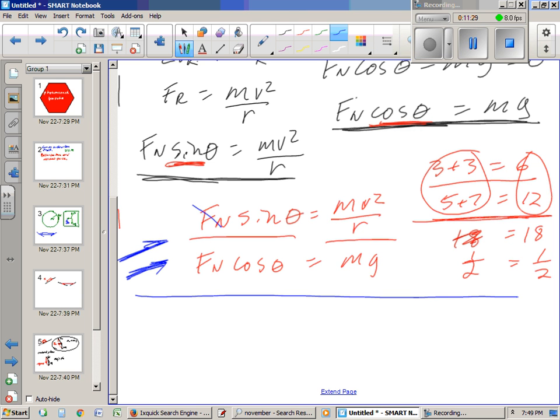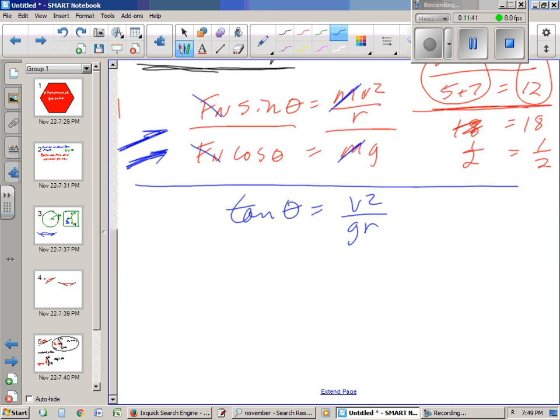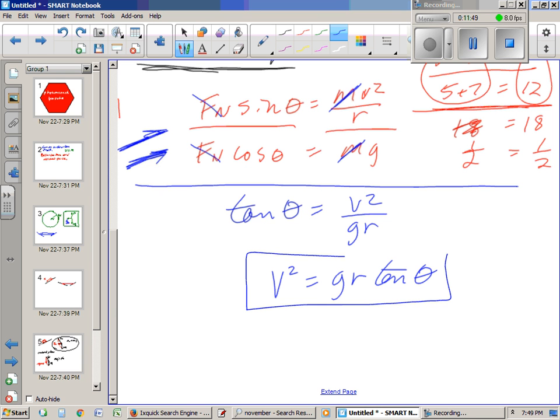The Fn's cancel. We get tangent of theta equals, the m's cancel, v squared over gr. And as we've done before, we're going to solve it for v squared. v squared equals gr tan theta. And that's it. That's the equation for the banked track. What does that mean?